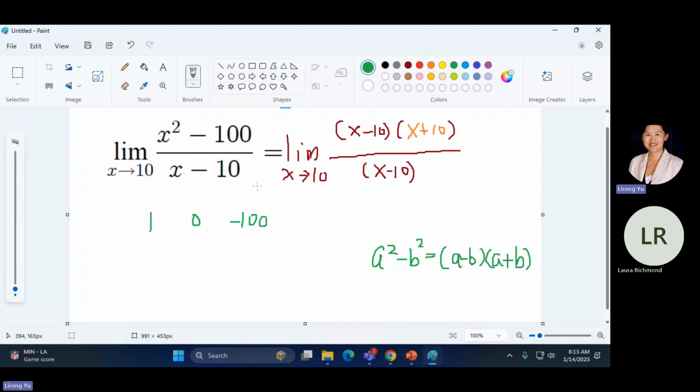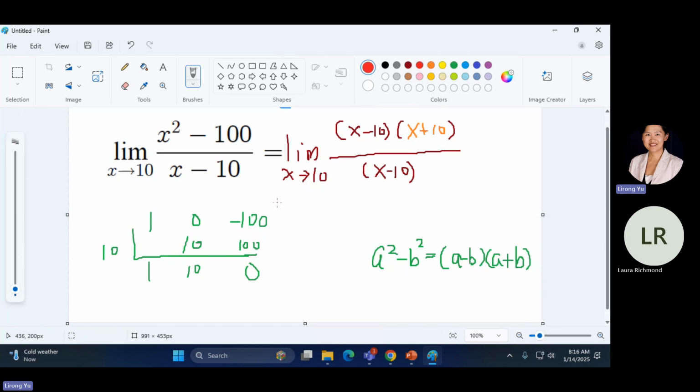We want to divide by x minus 10, so the zero of the divisor is 10, and we put 10 there. We drop down the 1 and multiply 10 and 1, getting 10. Then we add the 0 and 10. Then 10 times 10 is 100. We add negative 100 with positive 100, and we have 0.